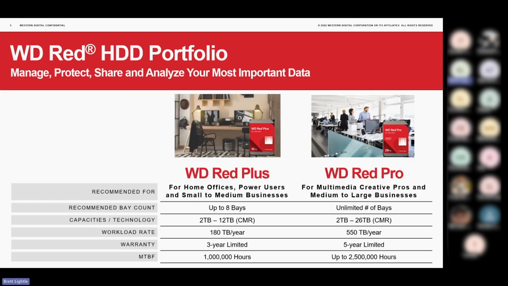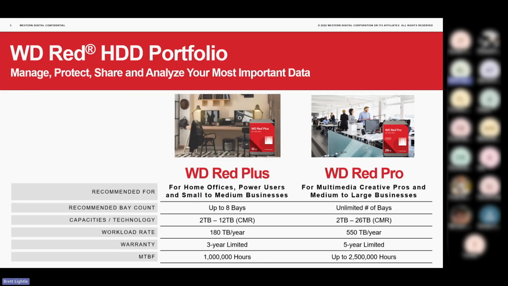So the Red Plus is mainly geared towards SMB and home users as well as power users. Typically we recommend only going up to 8 bays, and we have capacities going from 2 to 12 terabyte. And then on the Red Pro side, these are more of our enterprise class drives, where if you need to have multiple users, there's no bay limit recommendation.